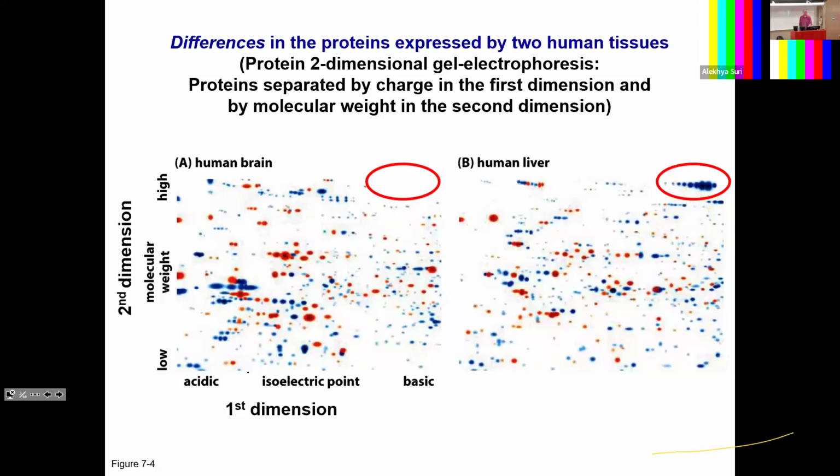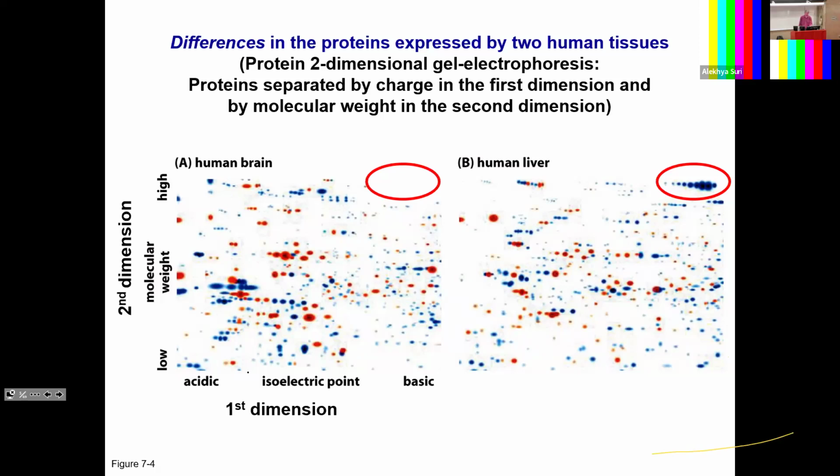So this is just one example that some proteins are present in one tissue, but might be completely absent in another tissue. That's the identity of the tissue: it has specific proteins. The liver does something completely different, degradation of some toxins, and the brain tissue has completely different actions.